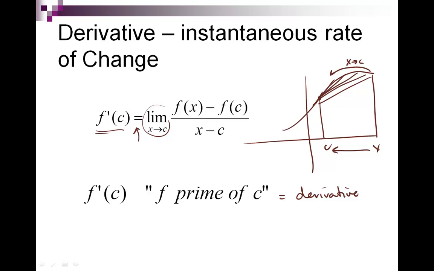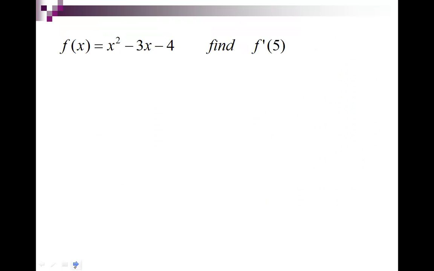Again, algebraically, we cannot find a slope at one point, so if x equals c, we can't do this slope. We get 0 over 0. But if we take the limit of all these values as x approaches c, then we can get the instantaneous rate of change.